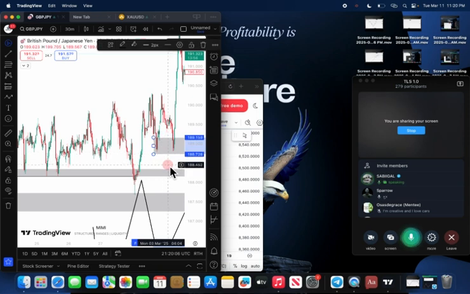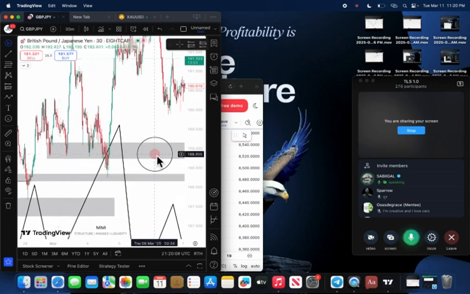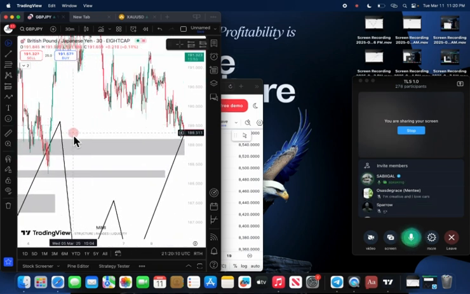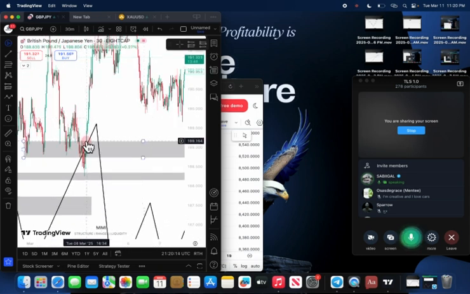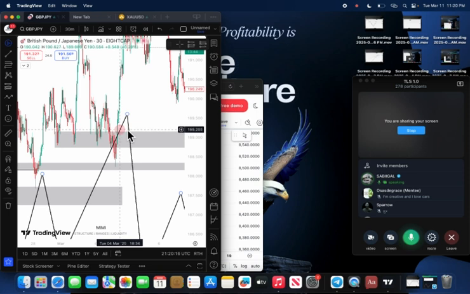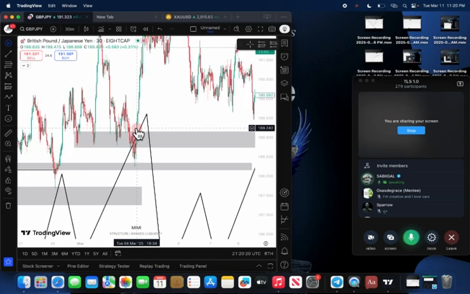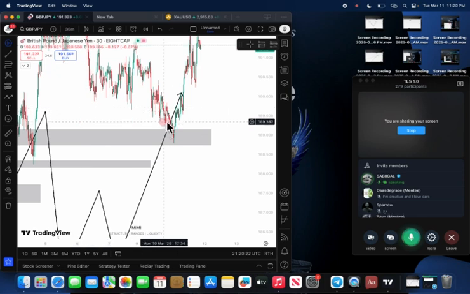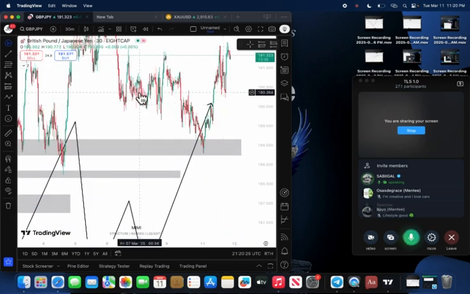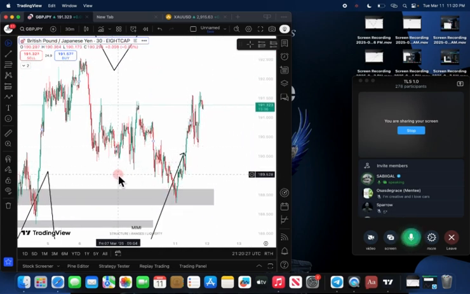But if they have, it's better too. It's better so price can see what to fill. But if they don't have, it's not a problem. Like these ones here, these ones they have. There's an FVG here, so price likewise just filled it and that's where it's currently buying from right now.